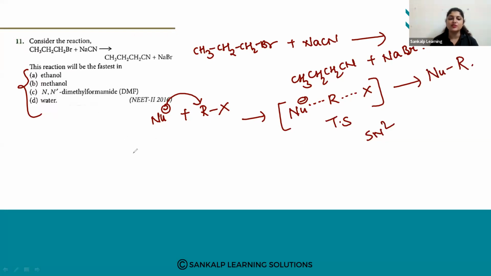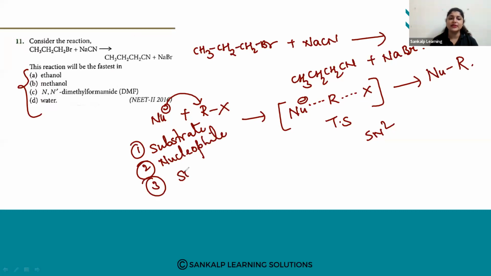So what are the factors affecting SN1 and SN2 reactions? It depends upon the nature of the substrate, the nature of the nucleophile, the nature of the solvent, and the nature of the leaving group.